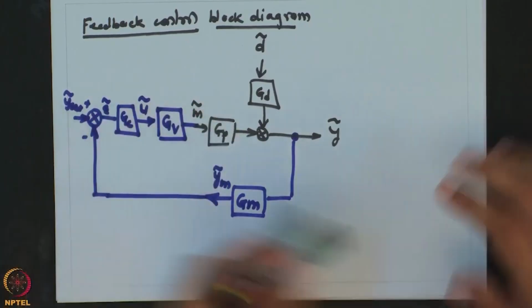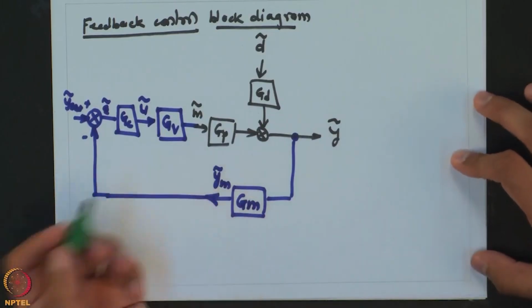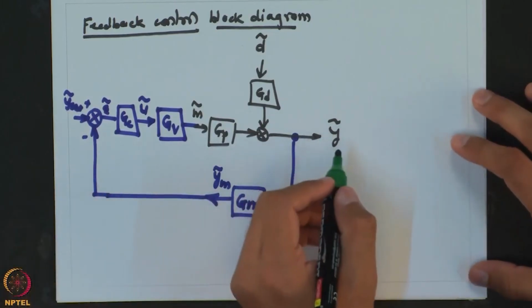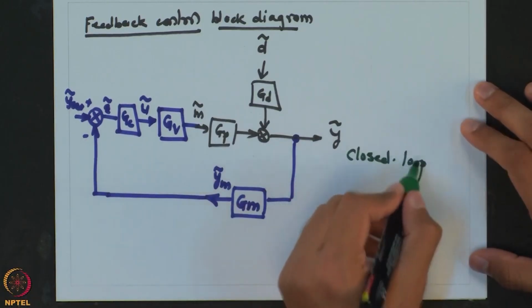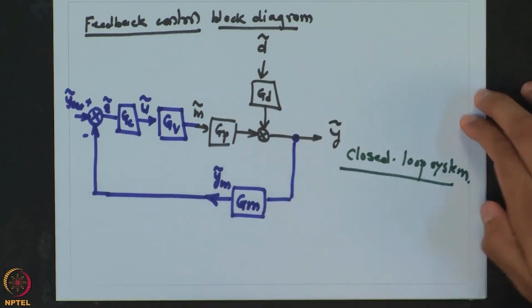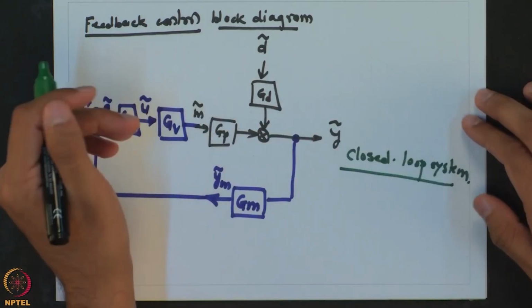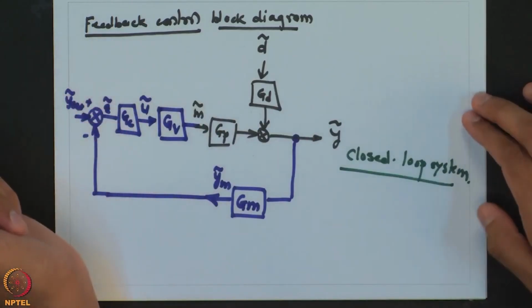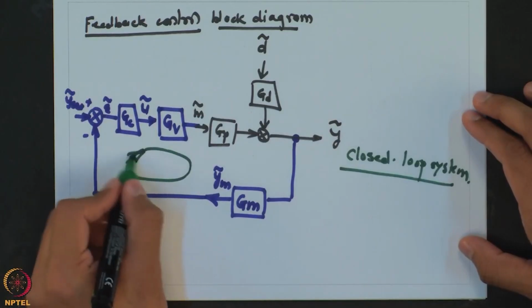So, there is a closed loop here, and whenever we have a feedback control or any control in general, we call it a closed loop system. Whenever the controller is on or whenever a control loop is placed, we will call it a closed loop system, and you can see that that loop has this particular direction.